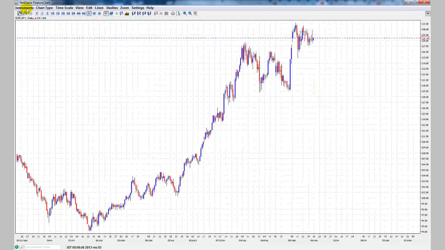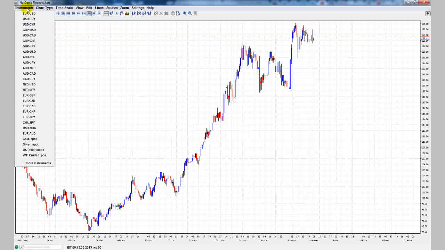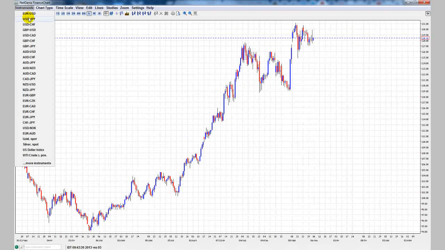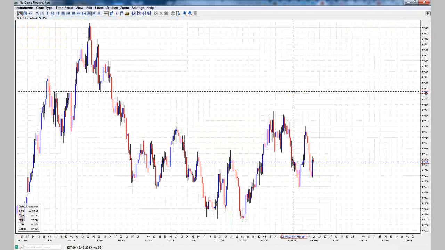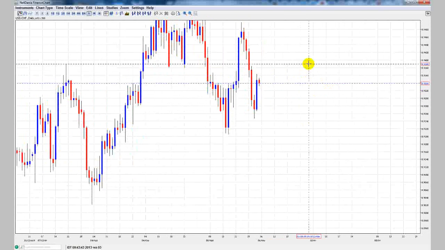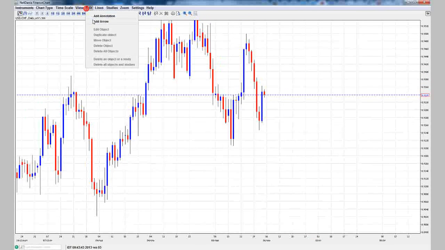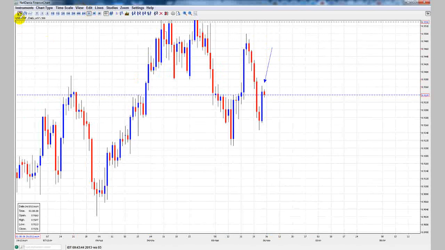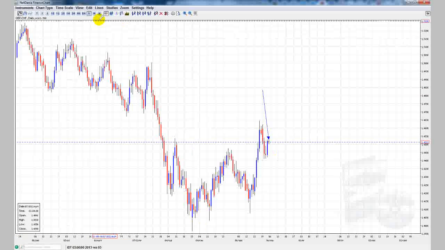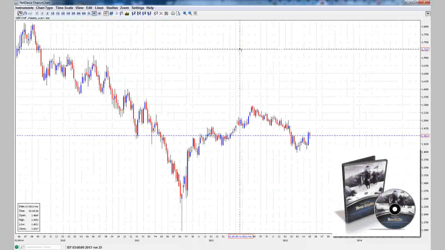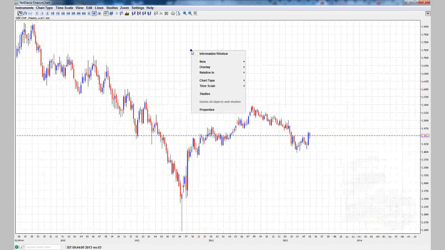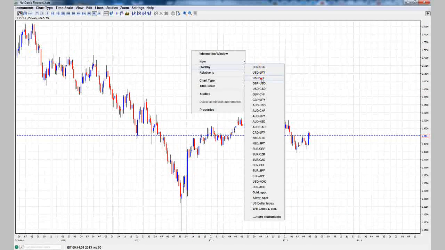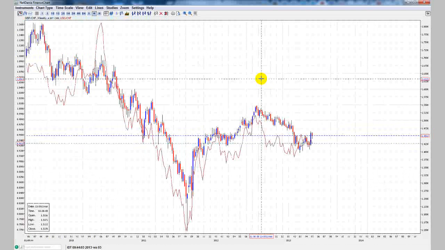It doesn't matter what happens in other currencies. The dollar Japanese is the leader of the Japanese, and the dollar against the Swiss franc is the leader of the Swiss franc pairs. If it goes down, even the British franc will normally go down as well. You can see they are quite similar in behavior, in direction. This is British franc, and this is the dollar franc, and you see the direction is quite similar.